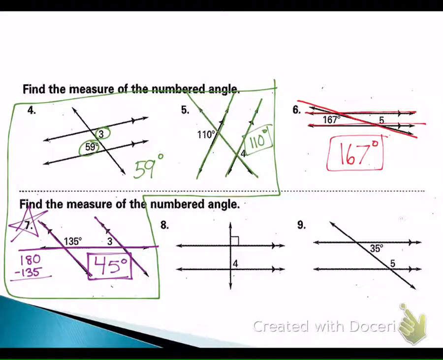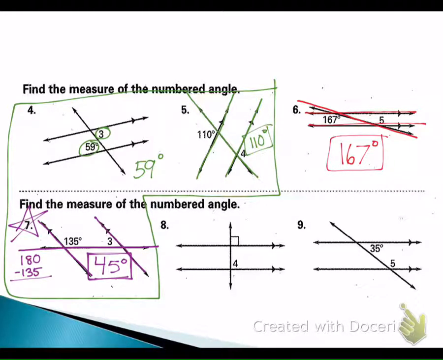All right? So what'd you say 5 was? Number 5, those are alternate exterior. 4 is alternate interior. It's inside the 2 lines. 5 is alternate exterior. They're outside the 2 lines. And then 7 is same side interior. They're on the same side of the transversal inside the parallel lines, so they're congruent.